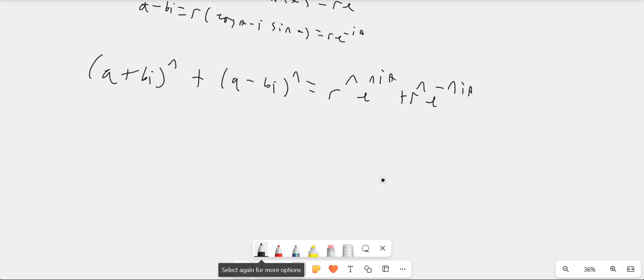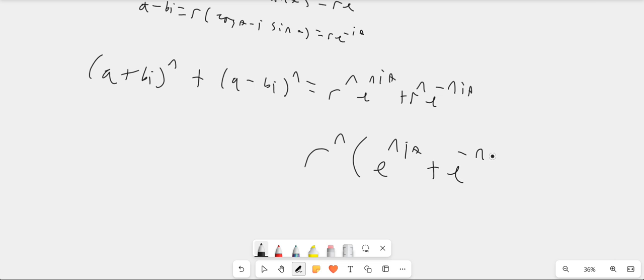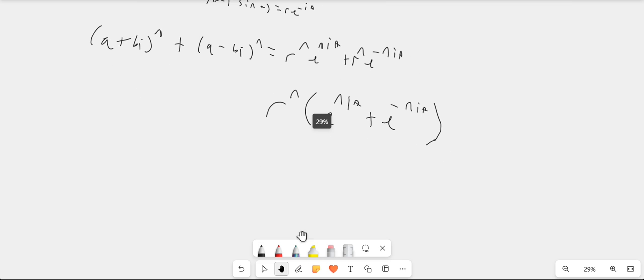Now I can factor out the r to the power of n, so it'll become r to the power of n times e to the ni theta plus e to the minus ni theta.